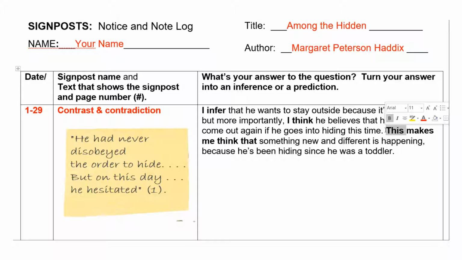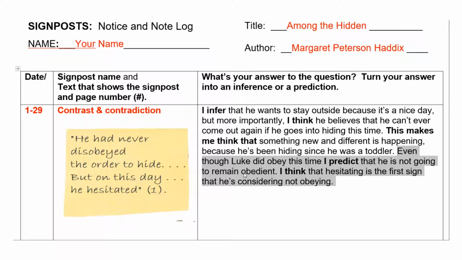Now, this makes me think that something new and different is happening because he's been hiding since he was a toddler. Even though Luke did obey this time, I predict that he's not going to remain obedient. I think that hesitating is the first sign that he's considering not obeying. So what I did was I made a prediction, and then I gave you my reason for that prediction, like the background knowledge that I have.